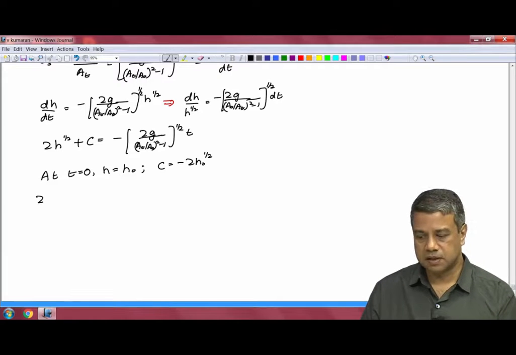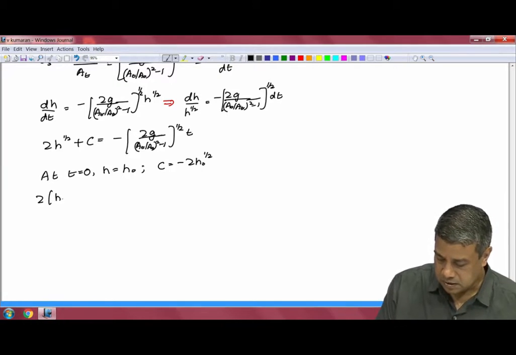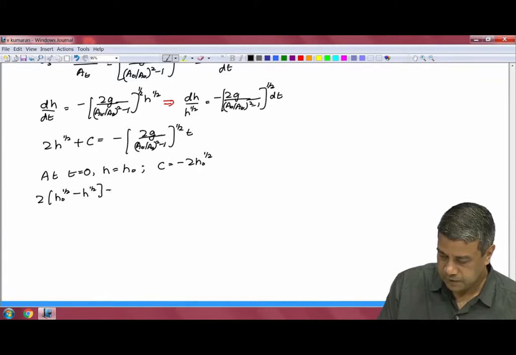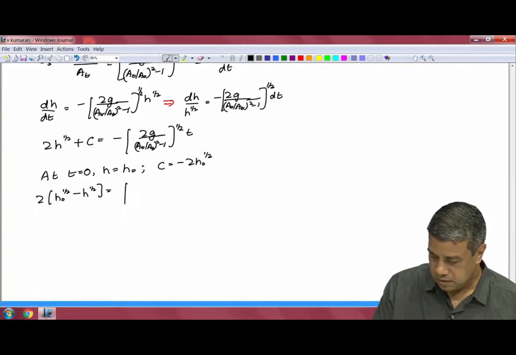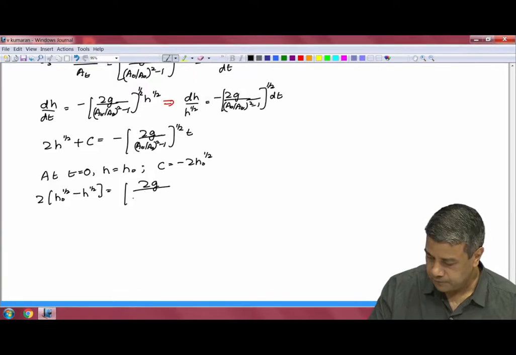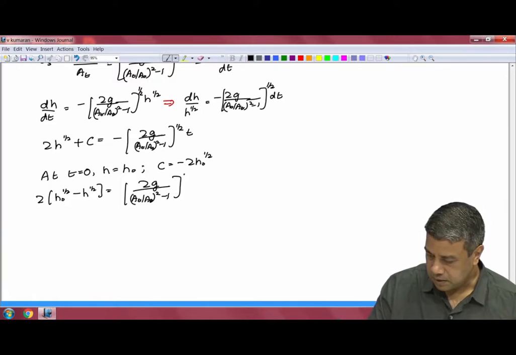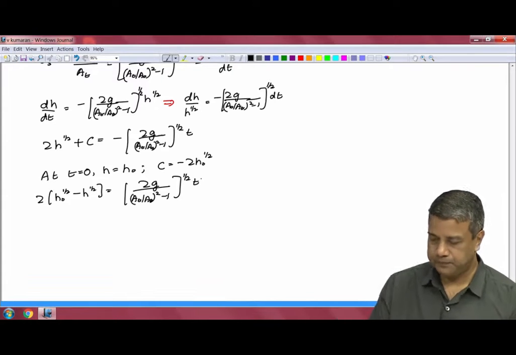So, substitute this in and multiply by minus 1, and I will get 2 into h naught power half minus h power half is equal to the square root of 2g by ((At by A0) the whole square minus 1) into t.